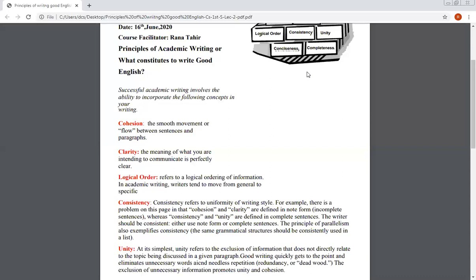The writer should be consistent, either using note form or complete sentences. The principle of parallelism also exemplifies consistency. The same grammatical structure should be consistently used in a list. Now you must have understood something about consistency.